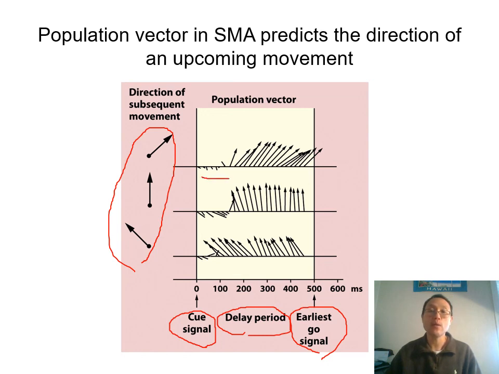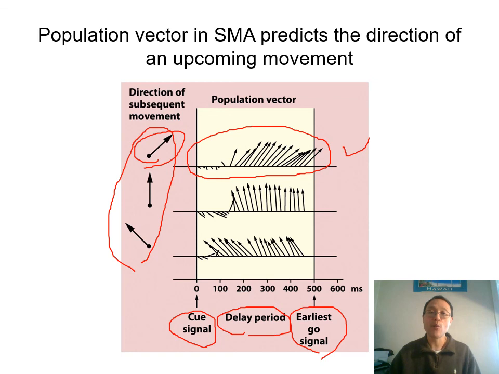Each of these arrows is one of the multiple cells firing that predicts the population vector, as we said in the previous slides. When the population vector points this way, the subsequent movement is here.